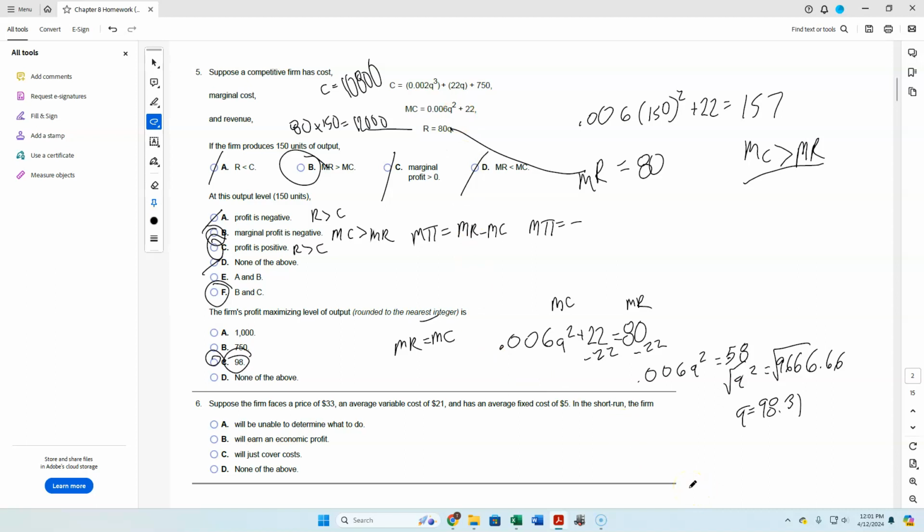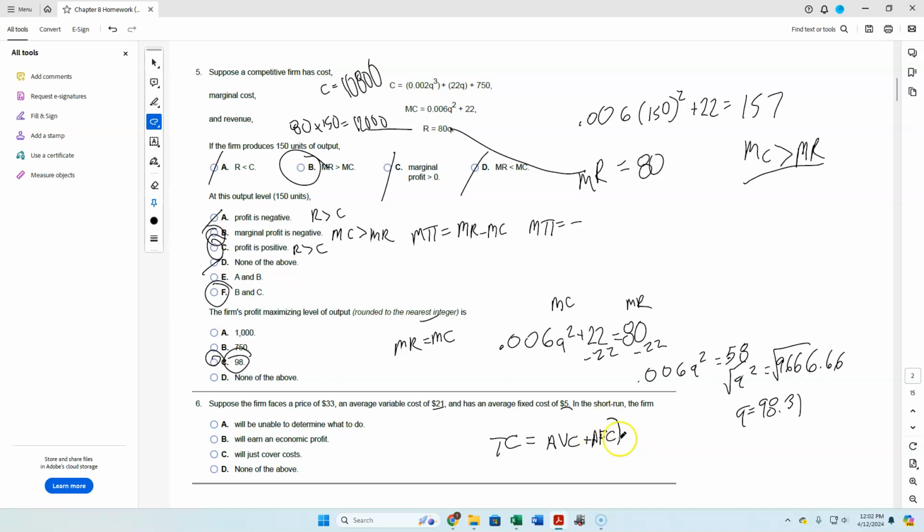Okay, number 6. Suppose that the firm faces a price of $37, average variable cost of 30, and average fixed cost of 5. In the short run, what is this firm going to do? So the total cost would be my AVC plus my FC.